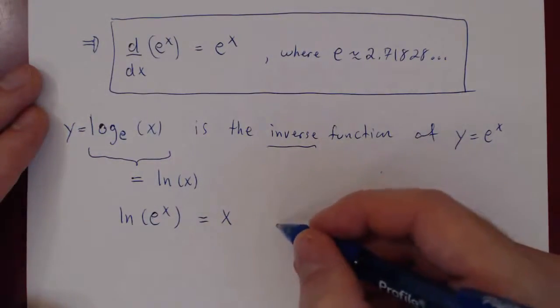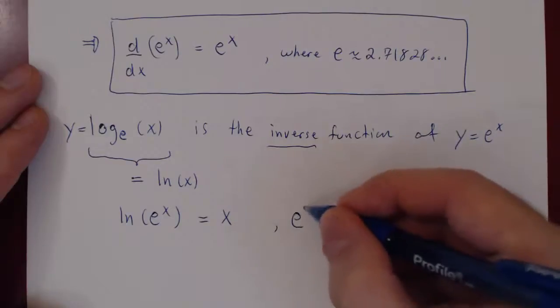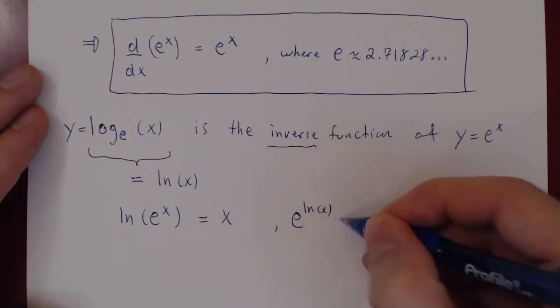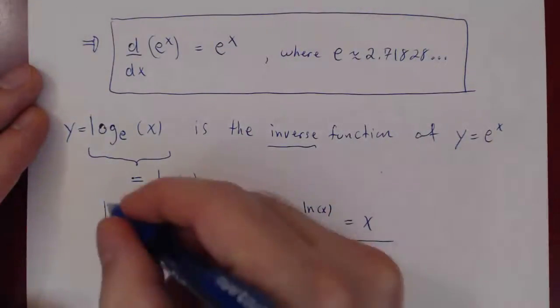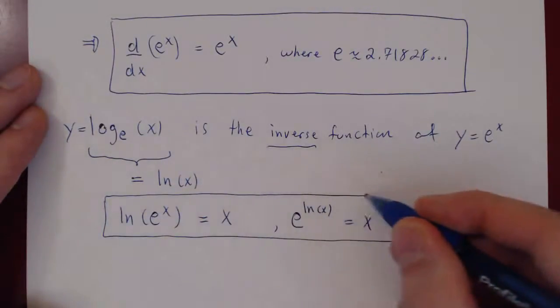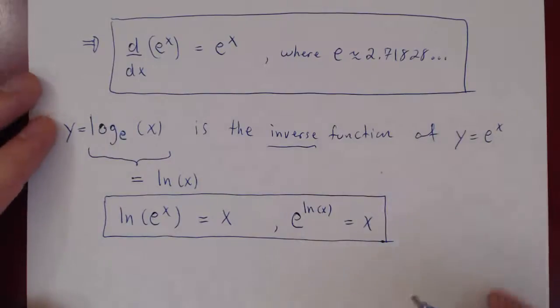And you can also ask, what if I take the exponential of the ln of x? Same thing, you get back x. And that is the property of an inverse function. It cancels the other function with respect to composition.